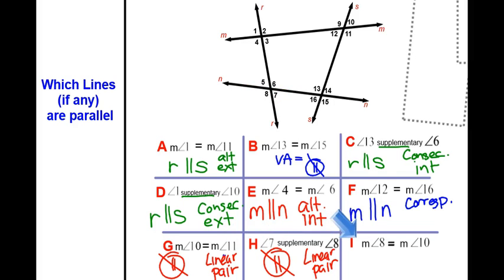And the last question asks us to look at angle 8 and angle 10. And this is kind of an interesting question because you notice if I trace angle 8 and I trace angle 10, those two angles are not connected at all.